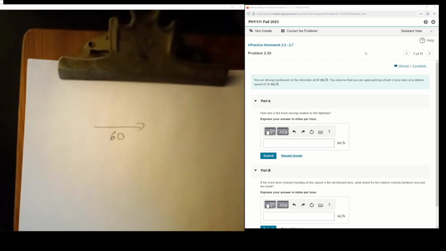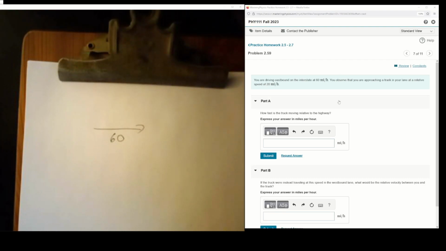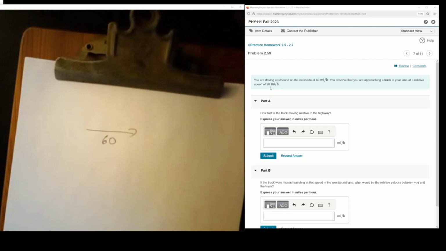The issue being here in this sentence, you observe that you are approaching a truck. So that means you're catching up to the truck. The truck's getting closer to you. It's not moving farther away, yet they're giving us a positive relative velocity, which suggests the truck is moving away.